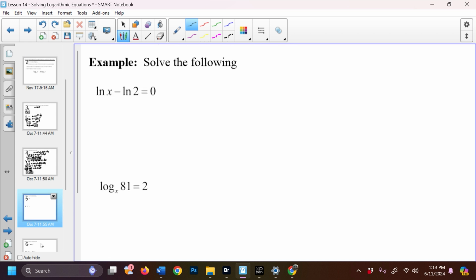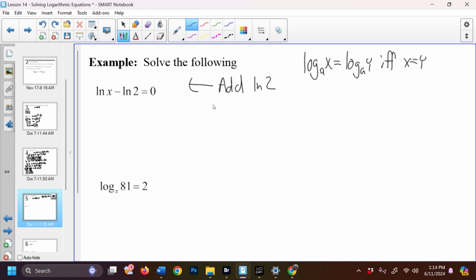Okay, next bunch. Solve the following. Now, this first one looks like a challenging problem, but if you use the property log base a of x equals log base a of y, if and only if x and y are equal, then here I'm going to say add the ln of 2 to both sides.